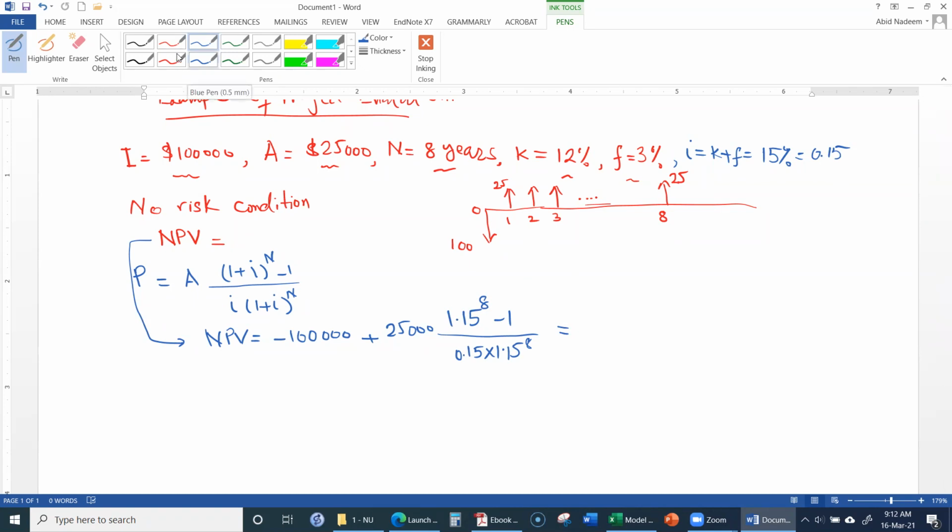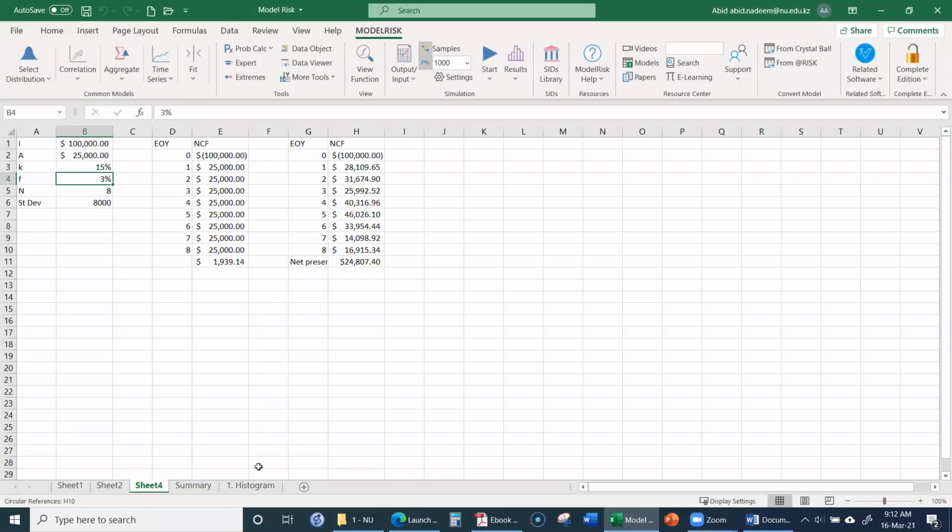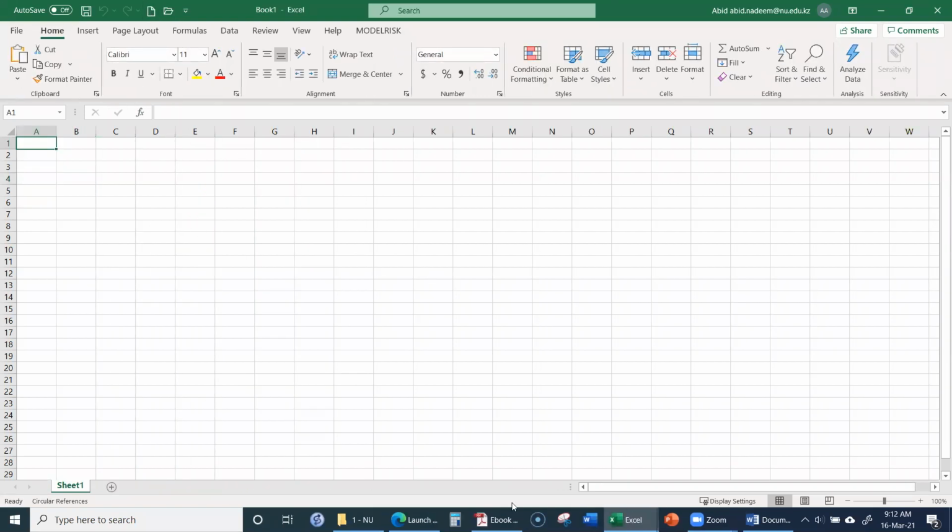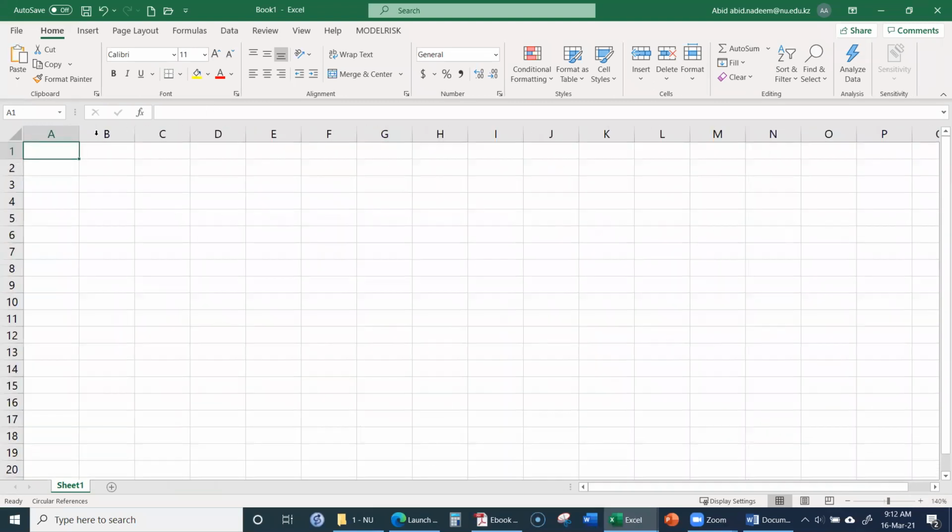So let's do these calculations conveniently on Microsoft Excel. Okay, so I open one Excel file over here, and I write it over here. I is for the initial investment, and A is the annual benefit.